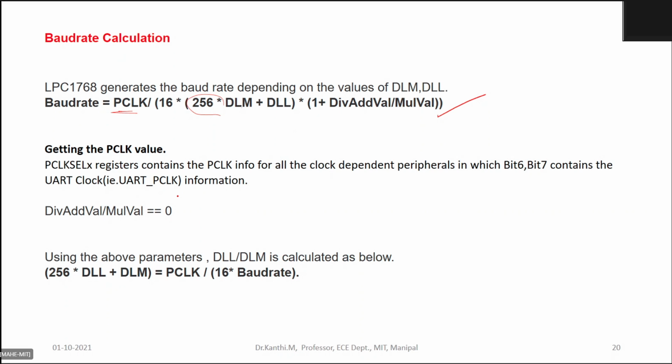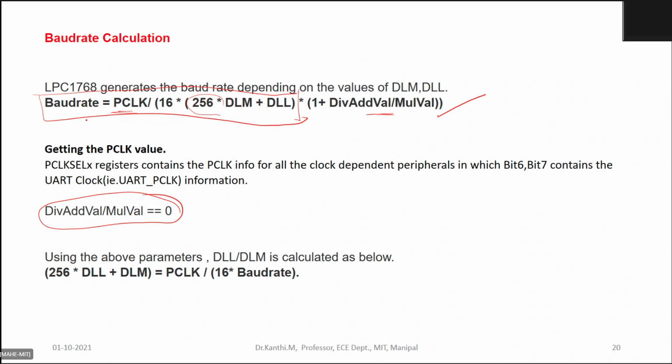For simplification, we take this value as 0, so it has become very simple. It turns out to be only PCLK divided by 16 into (256 DLM plus DLL). So this will be your formula for baud rate.